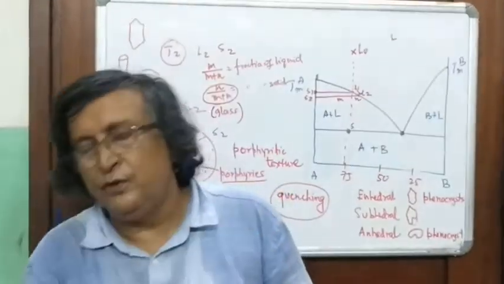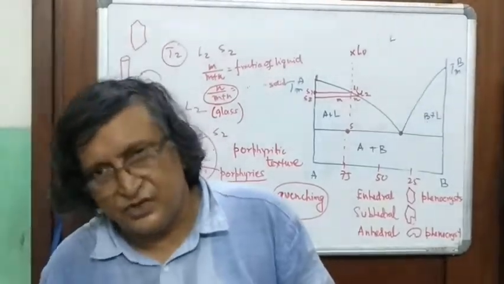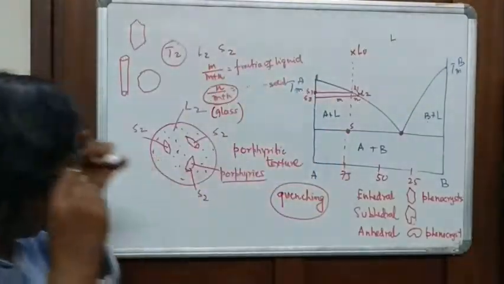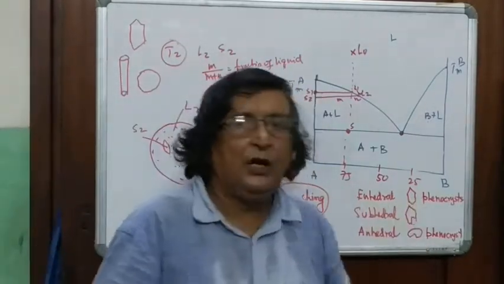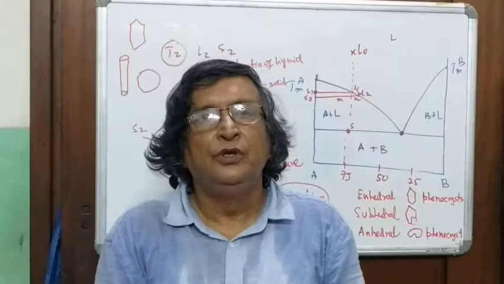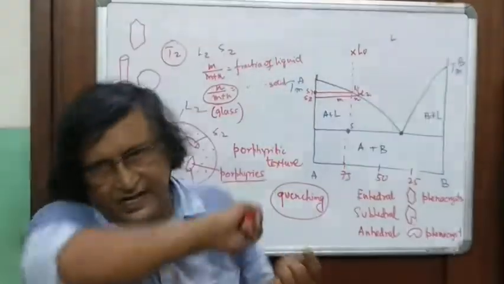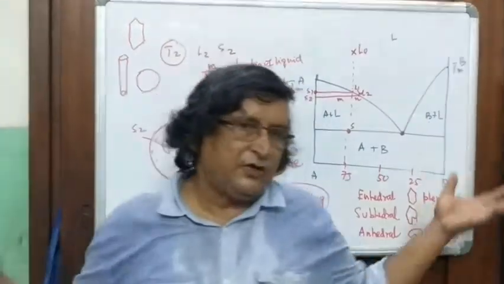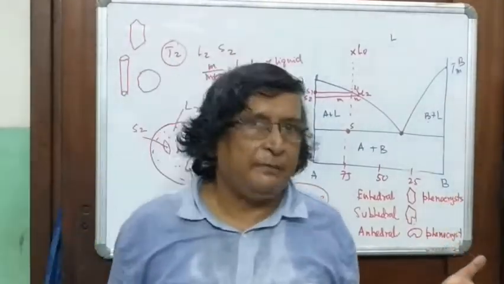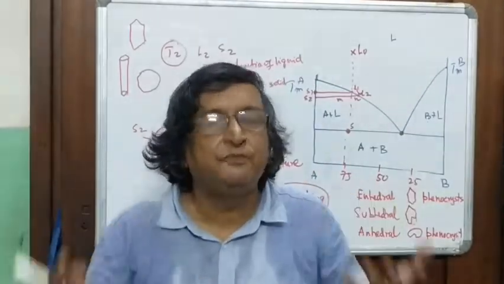I will tell you in some time why subhedral crystals form. But dominantly, euhedral means when a crystal grows to its perfect shape and size. Anhedral is the other extreme, where we know that this is a crystal, but we also know that this is not its shape. It cannot grow to its full shape because there was not enough space to grow.